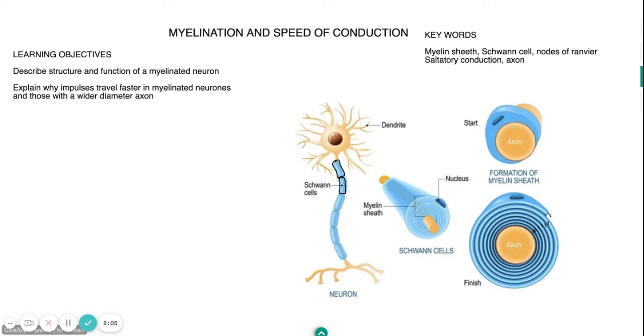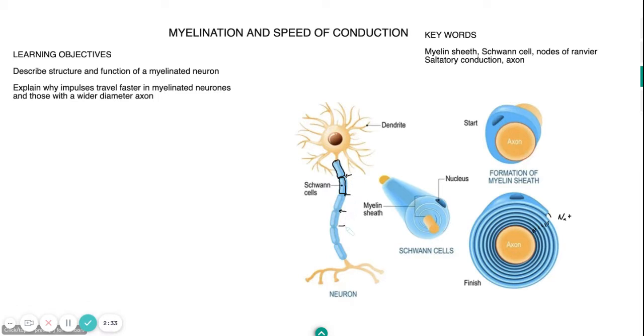You can see it's a really good insulator, and that's going to make it impossible for sodium ions. Remember the sodium ions that can diffuse in during action potentials? They can't get through all these barriers. It's too difficult. So the only place that the sodium ions can diffuse into the axon is here.